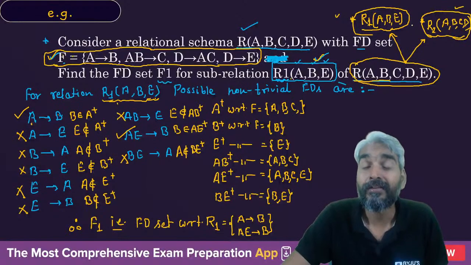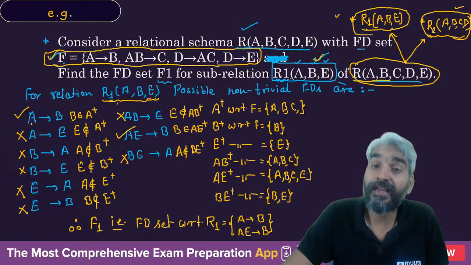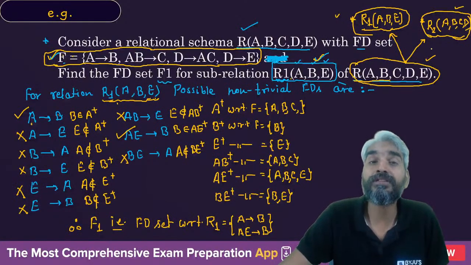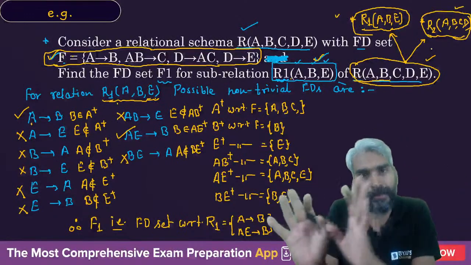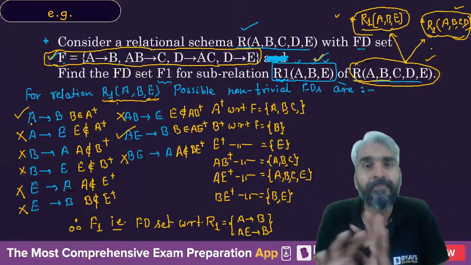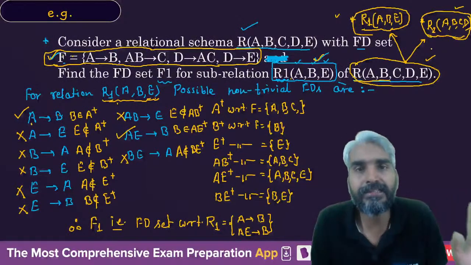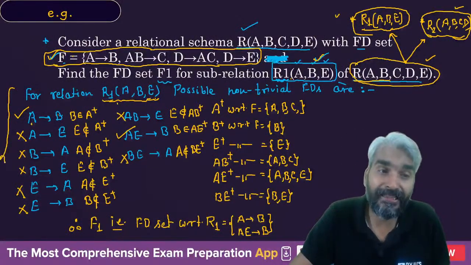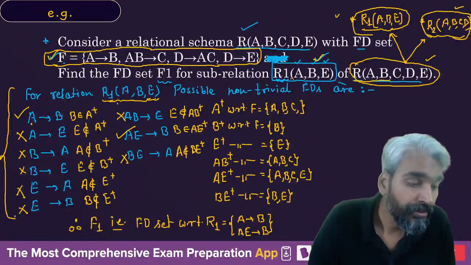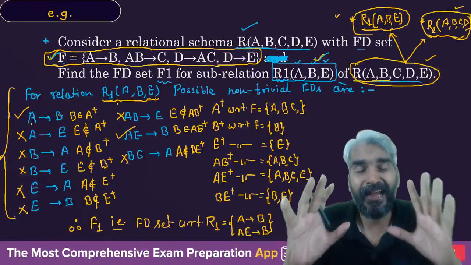Then you check whether, in the union of the FD set of R1 and the FD set of R2, all the FDs of the original relation R are preserved. If preserved, it is a dependency preserving decomposition. If not, it is not. Therefore, this concept which I have explained at the end is very important.